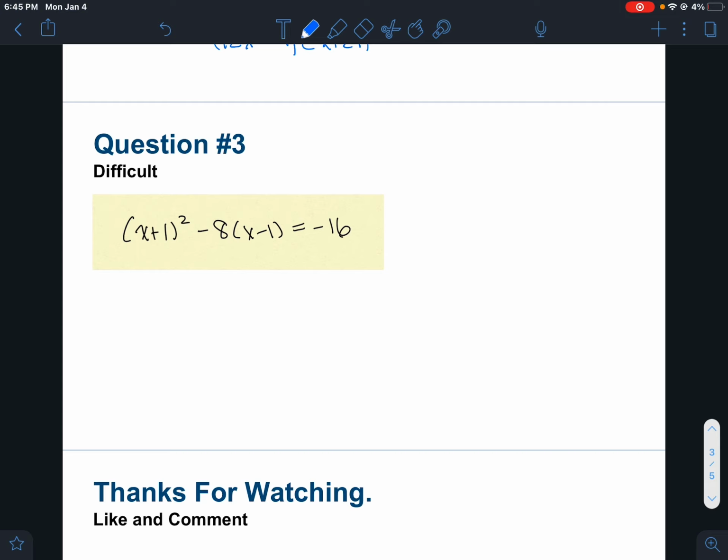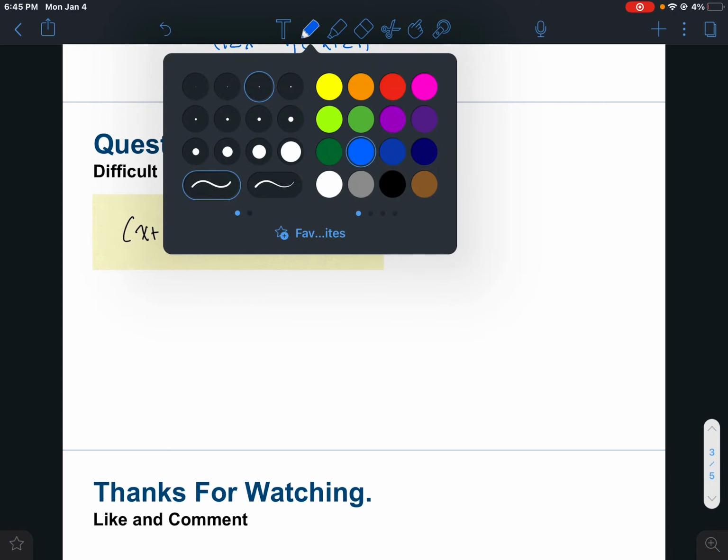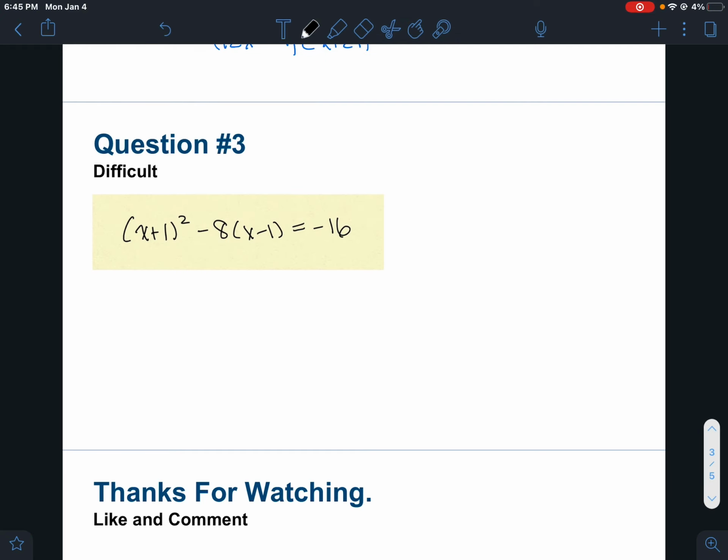Question 3. This is going to be a difficult one because there are going to be extra steps that may be confusing if you don't know how to deal with them. So x plus 1 squared minus 8 in parentheses x minus 1 equals negative 16.